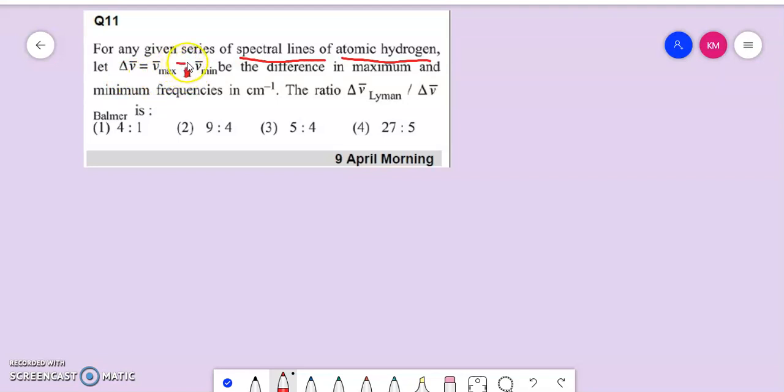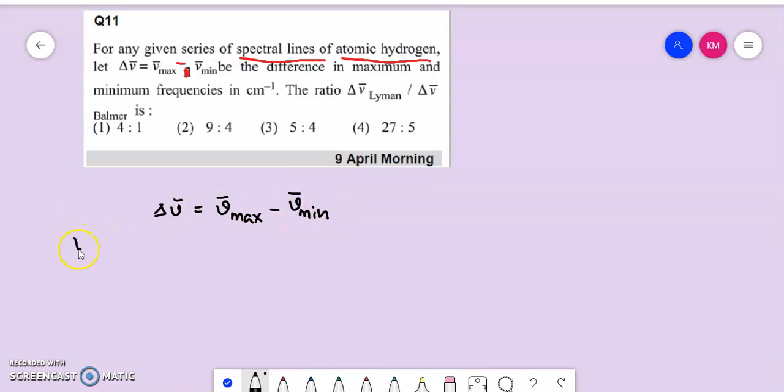It is nu bar max minus nu bar min, the difference in maximum and minimum frequencies in centimeter inverse, and we need the ratio of delta nu bar Lyman upon delta nu bar Balmer series. So I am writing whatever they have given: delta nu bar is equal to nu bar maximum minus nu bar minimum.